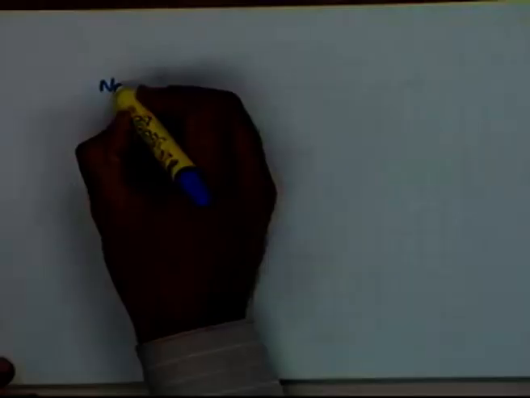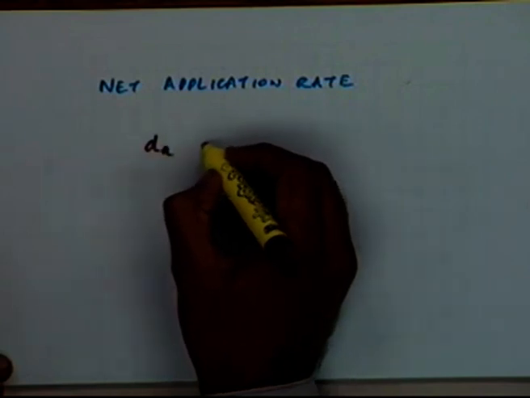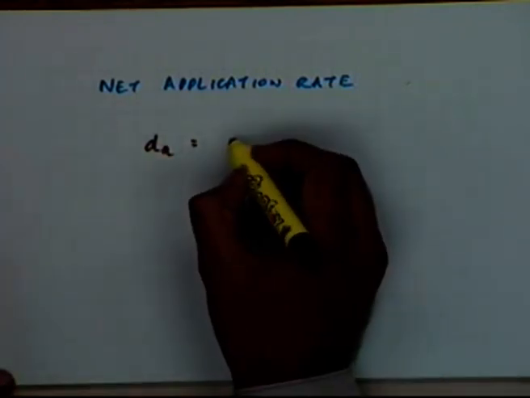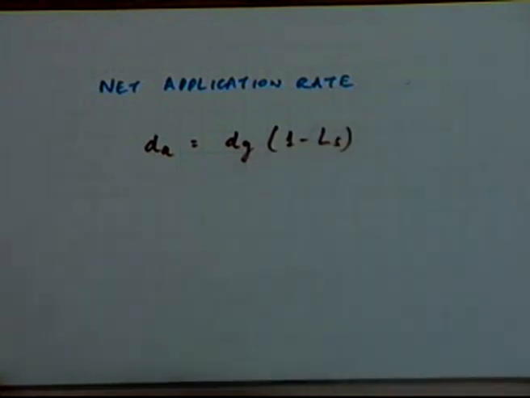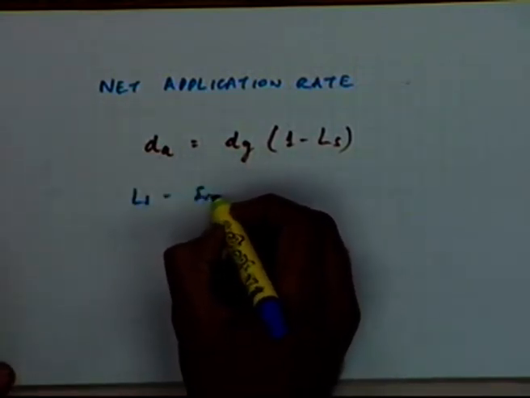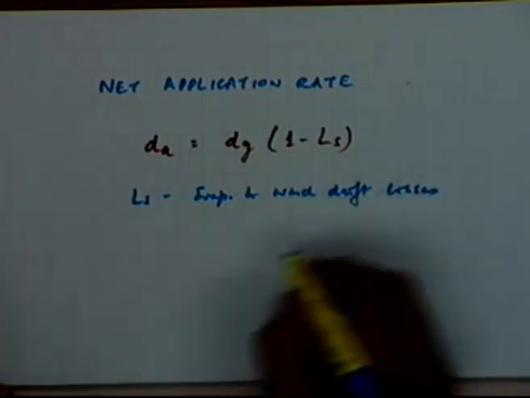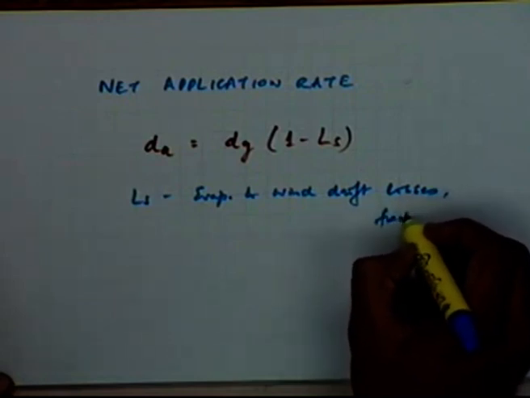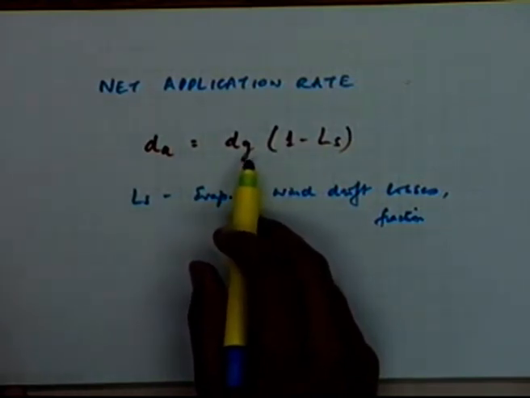So accordingly, the net application rate, let's call it dA, will be the gross application rate into 1 minus LS, where LS is the evaporation and wind drift losses fraction, and dG is the gross application rate in centimeters per hour.